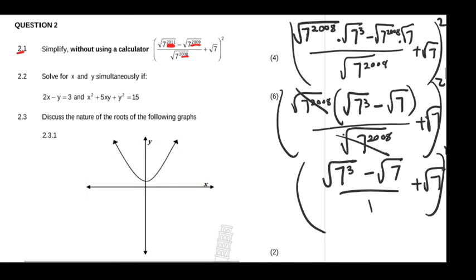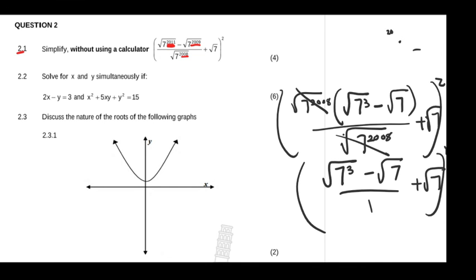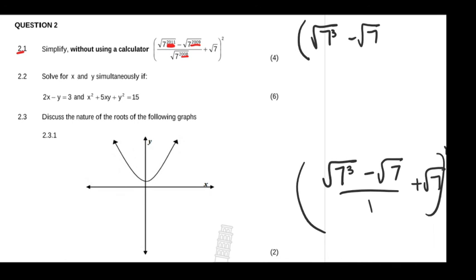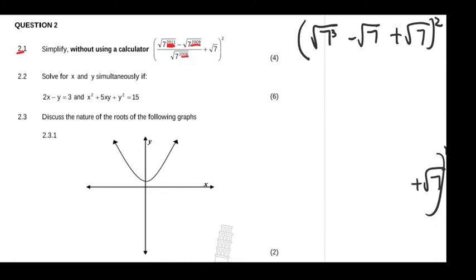So let me rewrite this at the top. So this is what we have now. So we have the root of 7 to the power of 3 minus the root of 7 plus the root of 7 all squared, right? So obviously here we have the root of 7 minus the root of 7, if you can see.